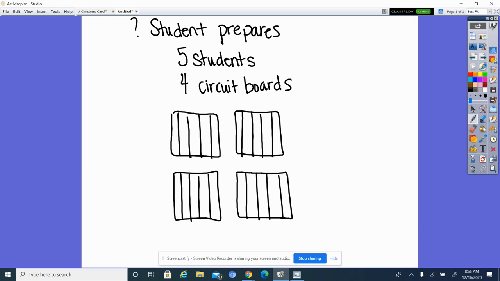Okay, so we have our 4 circuit boards and we've divided them into 1/5 pieces because there's 5 students, right? So how many circuit board pieces do we have now? We have 5, 10, 15, 20 fifths. So they're cut into fifths pieces. So we have 20 fifths, right?